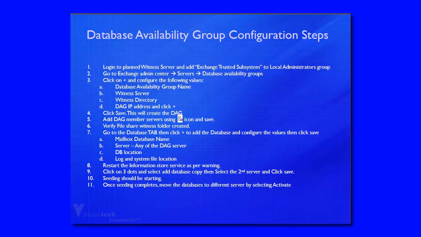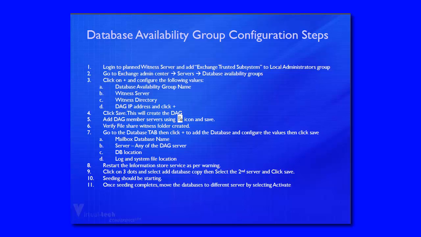We will see it in a further demo. Then click Save. It will start creating the DAG. Then add the DAG member server by clicking this icon. This is a special icon introduced here. If you have not seen it, you will see it in the demo.